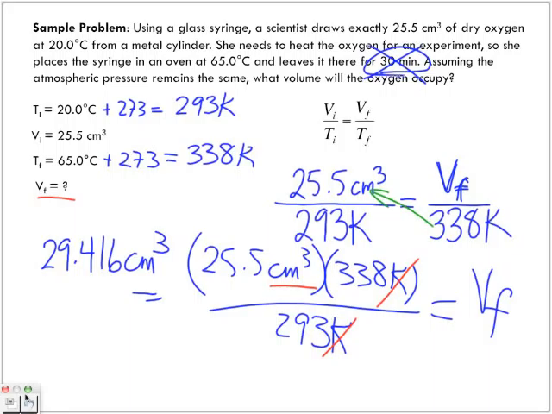It was just telling us how long we were doing this little experiment. So we want the 3 significant digits, so 29.4. We look at the number immediately following the 4, which is a 1, doesn't affect anything. So our final answer is, our final volume is equal to 29.4 centimeters cubed.